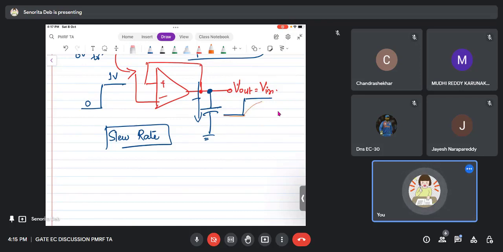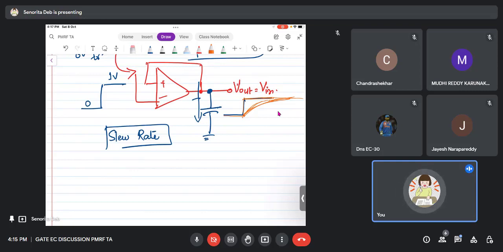Your input has just reached 1 volt and the output is trying to reach it, and we don't know whether it will be able to reach or not. It will be very slow like this. So that is what slew rate decides.